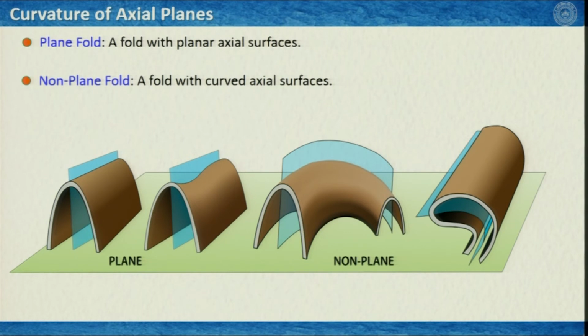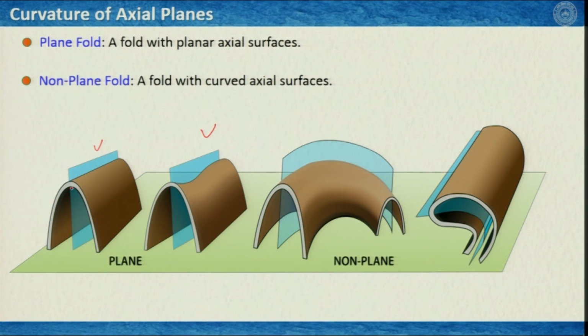And here are 4 illustrations for you. The first 2 are examples of plane folds. I have drawn these 2 illustrations to convey the message that orientation of the fold axis does not necessarily justify whether the fold would be plane fold or non-plane fold.